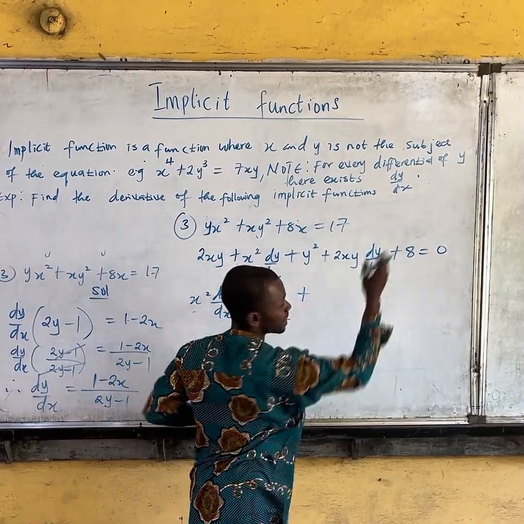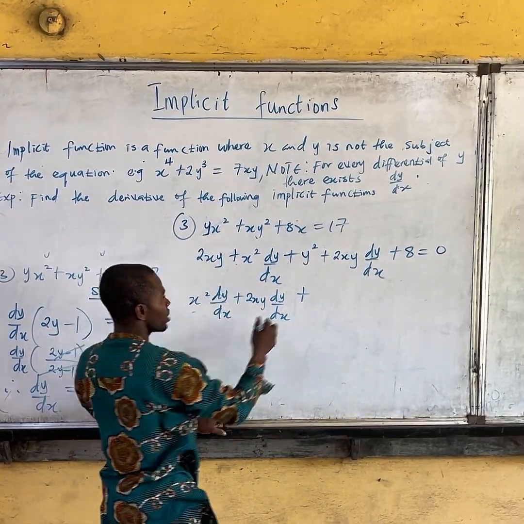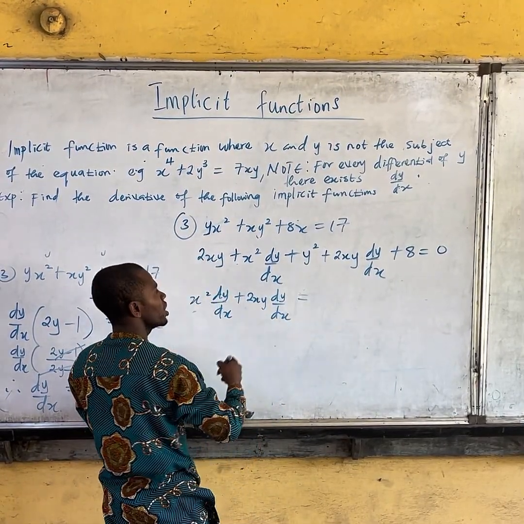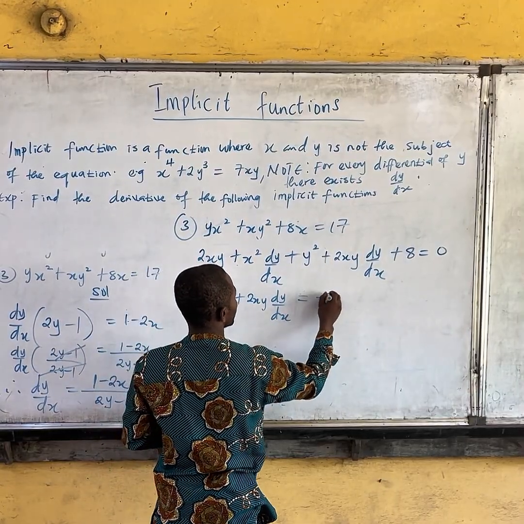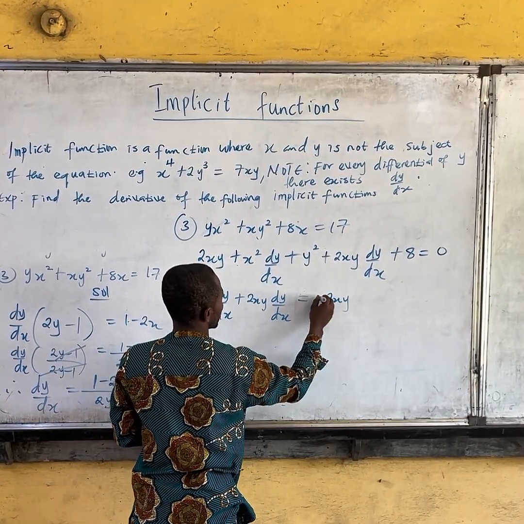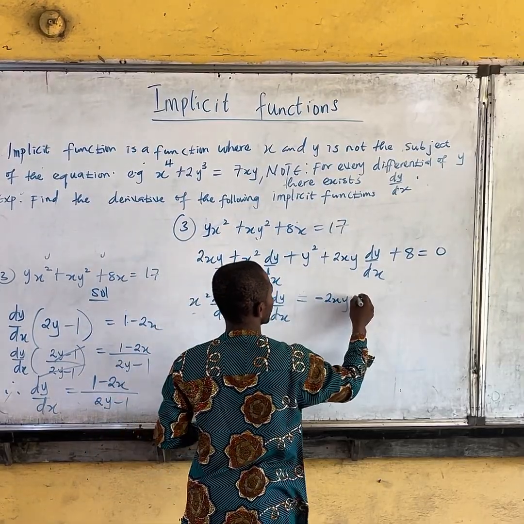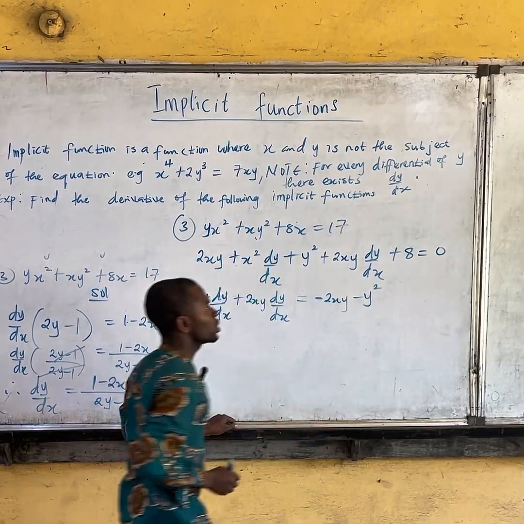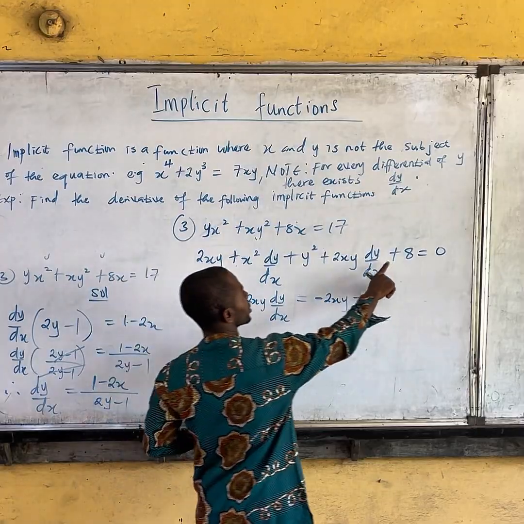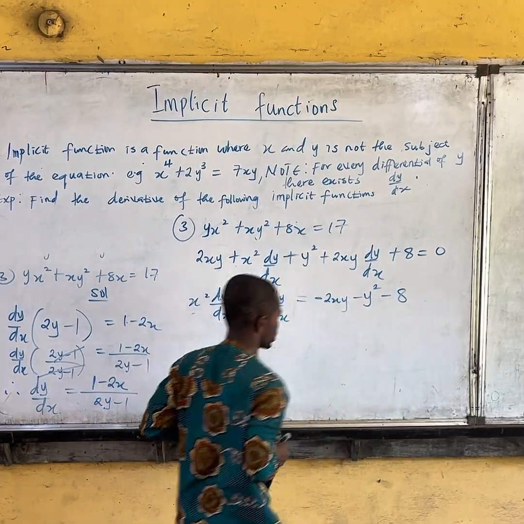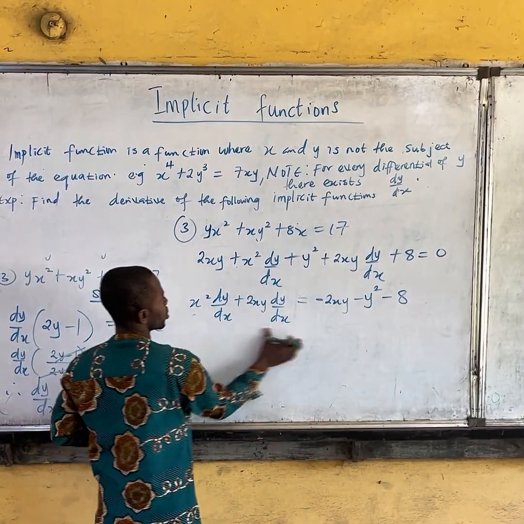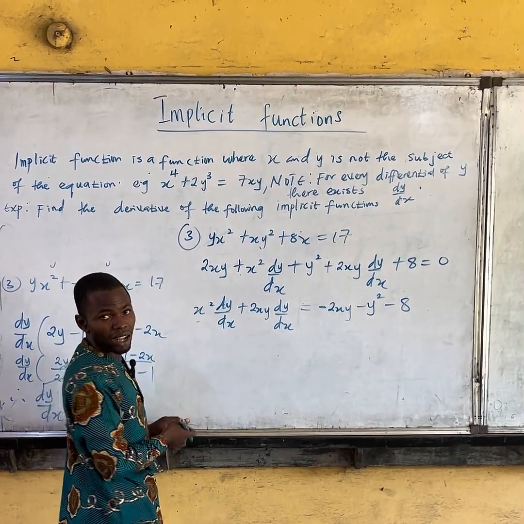You take them to the other side of the equation. So it will now be equal to, this 2xy becomes minus 2xy by crossing the sign of equality. This y squared becomes minus y squared, and this plus 8 becomes minus 8. So if you look at the nature, there is dy/dx common, I factorize.